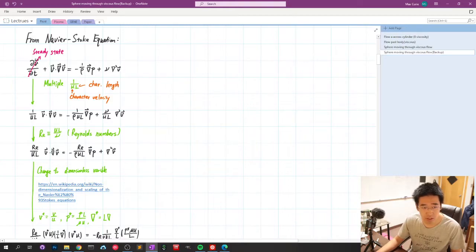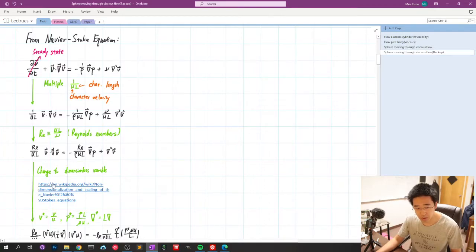We are dealing with the steady state, so dV/dt goes to zero, and we multiply by the characteristic length and characteristic velocity, and we have this. We know the Reynolds number can be defined as such, and this will be basically 1 over Re, the Reynolds number. And then we multiply Re on both sides, and we have this.